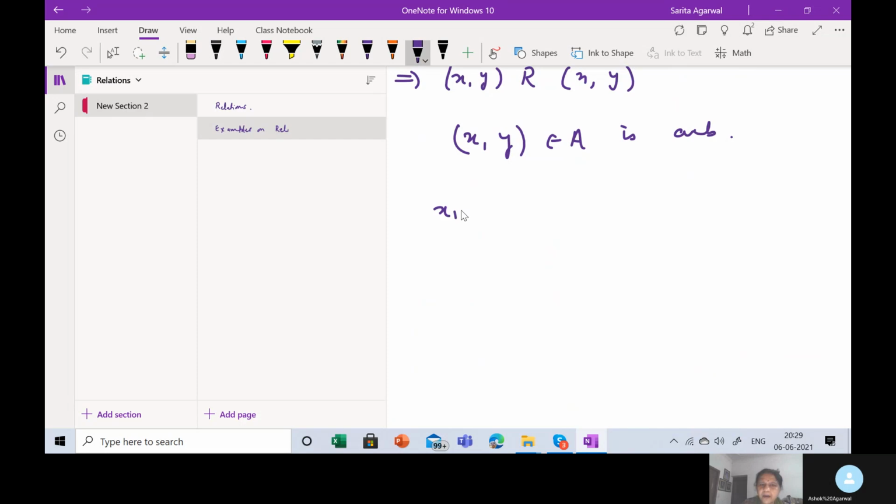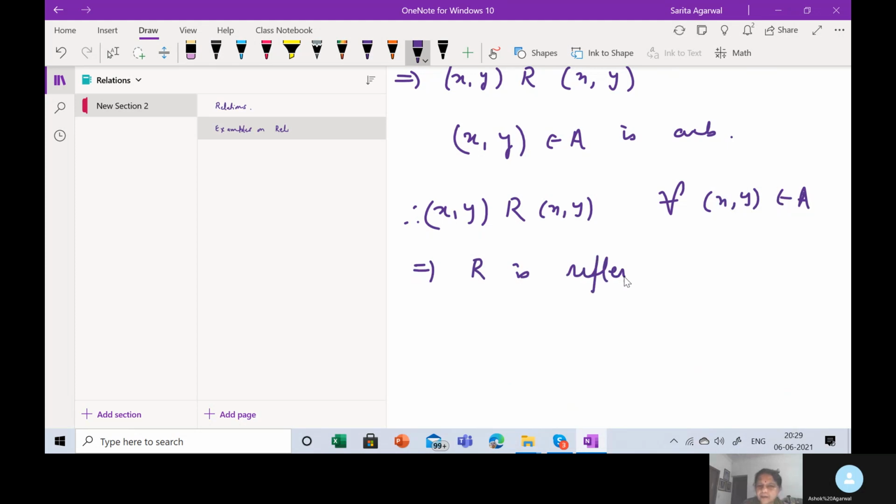That means (x, y) is related to (x, y) for all (x, y) belonging to A. And this means R is reflexive.